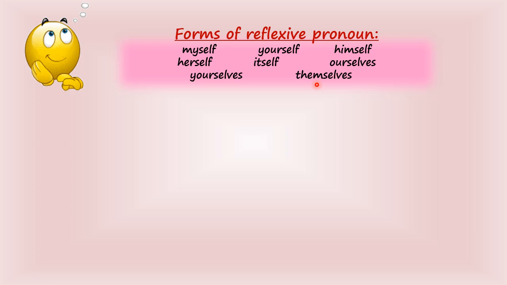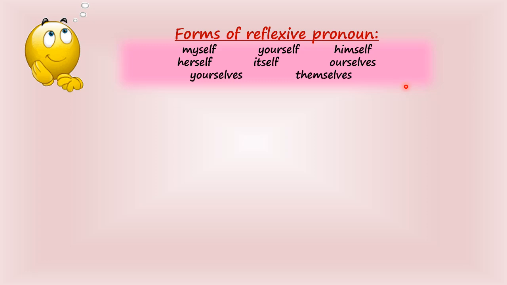Is it clear, children? So these are the different forms of reflexive pronoun that we use in different sentences. Now children, there are a few points that you have to keep in your mind. Why is it important? When you go to higher grades, you will be introduced to emphatic pronouns.